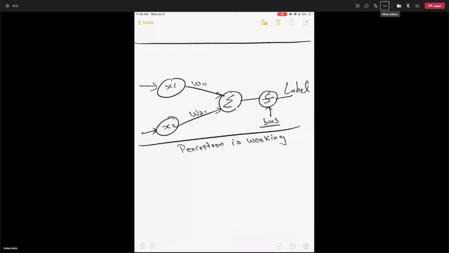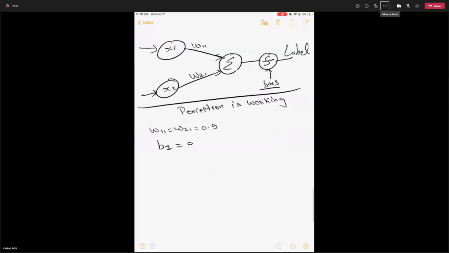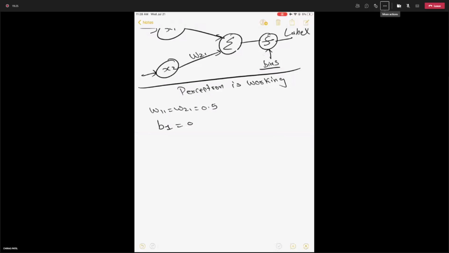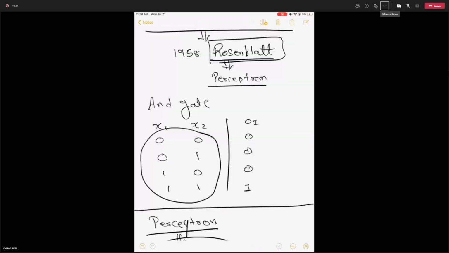Assume that W11 is equal to W21 is equal to 0.5. I'm taking your bias as B1, and I'm taking it as 0. These are random values I have taken. And this is your input pattern associated over here. This was the second, this the third, and this the fourth.